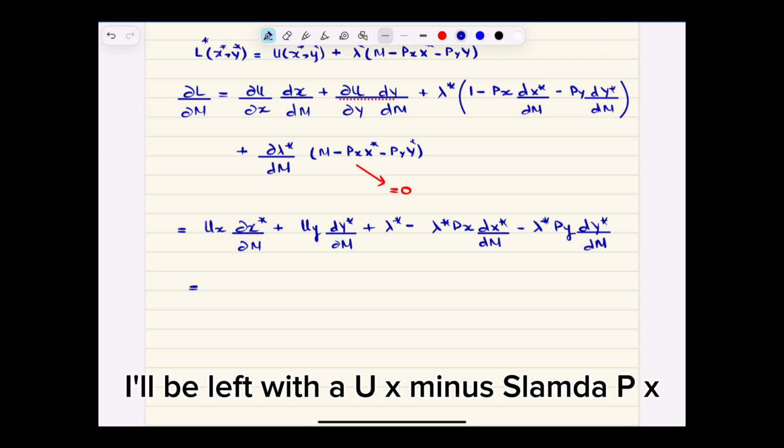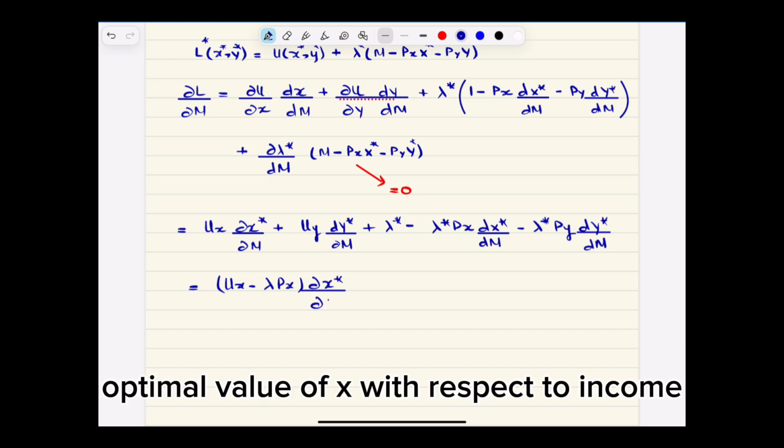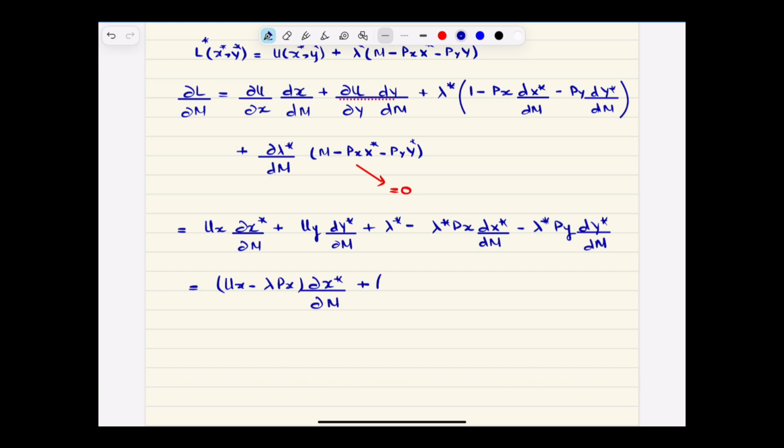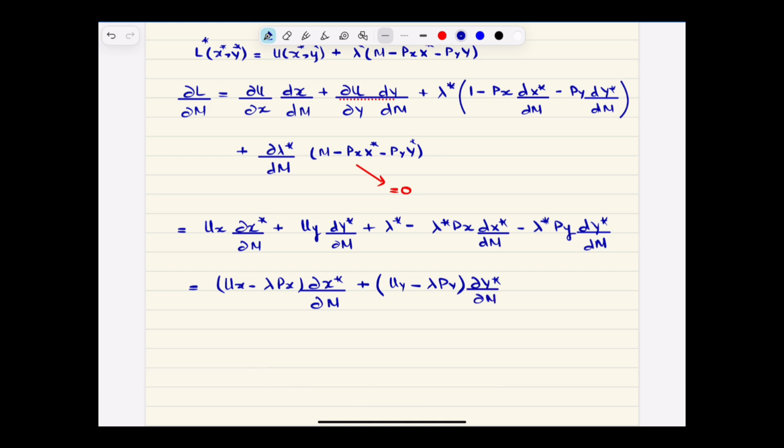I'll be left with U_x minus lambda p_x into the derivative of the optimal value of x with respect to income, and then I have U_y minus lambda p_y times the derivative of y star with respect to M, and then we have plus lambda star.